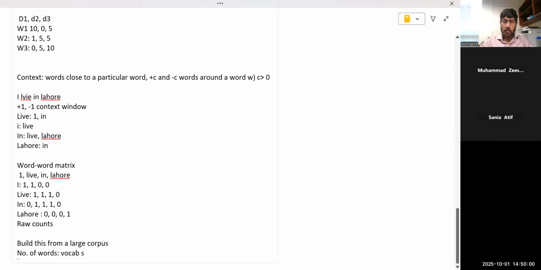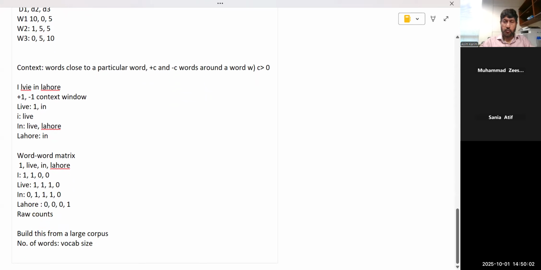So the matrix would be basically V times V in size. ठीक है. Vocabulary size typically for a reasonably large corpus is going to be large, 20,000, 30,000, 50,000, 100,000.